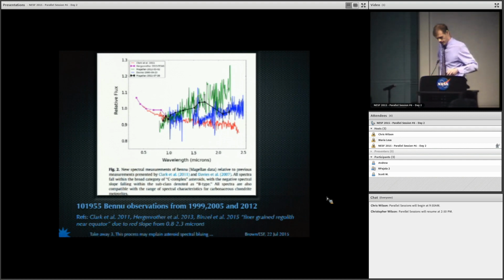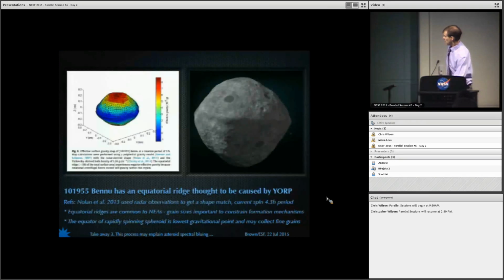And he looked at the possible differences for this, and he came up with the fact that the observations that he took would have been taken when Bennu was in a latitudinally adjusted geometrical situation, so that he would have been looking at a different part of the body.